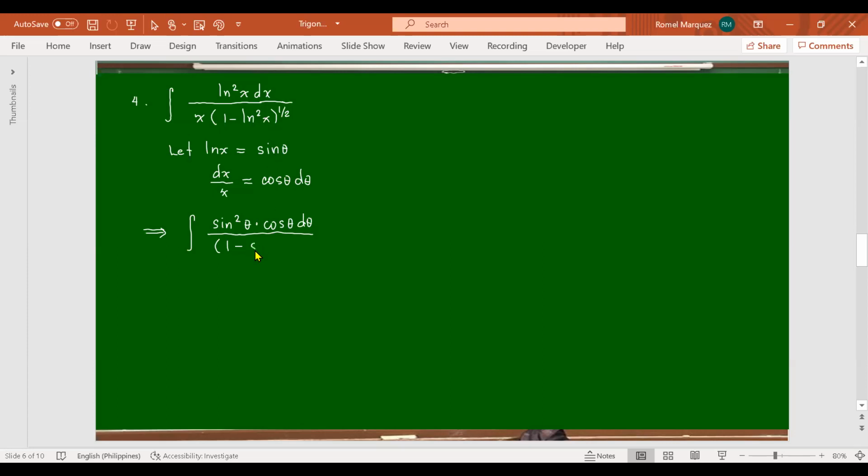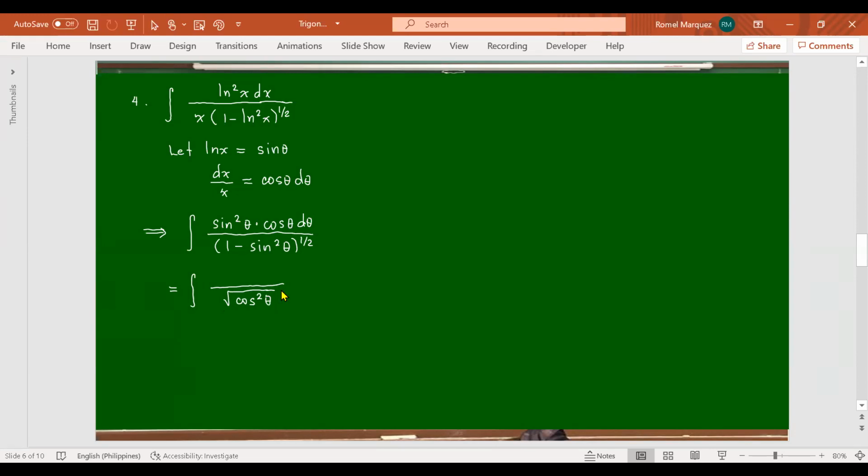That is sine squared theta, because ln x is sine, so square it, sine squared theta here, raised to 1/2. So it means square root, no? But what is 1 minus sine squared, guys? That is cosine squared theta, no? So square root of cosine squared theta.